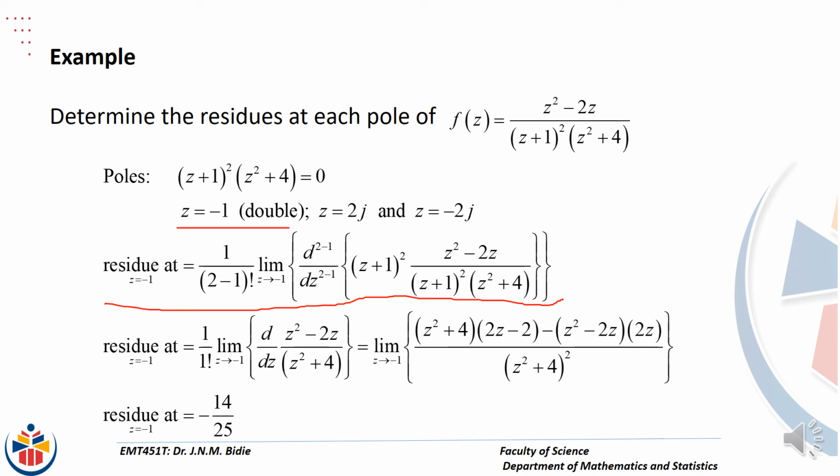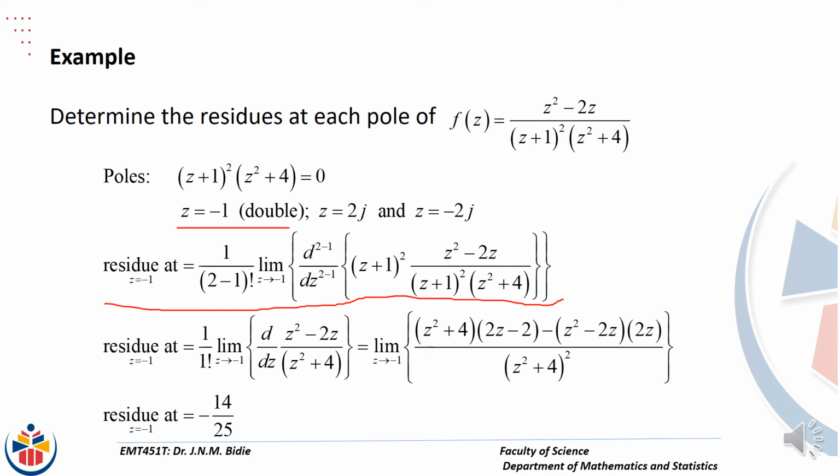Even in the derivative, we've got m equal to 2, noting that even inside we have to have the term that gave us the pole, which is z plus 1 all squared, times the original function.